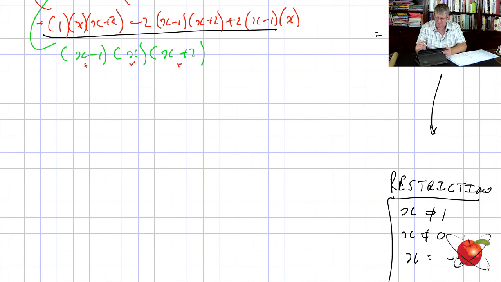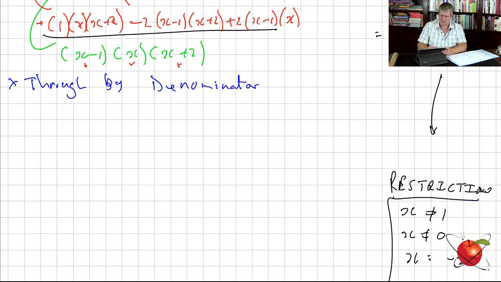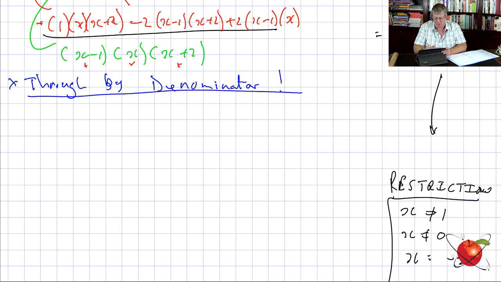Now, the step that we're going to do is this. Multiply through by the denominator. The denominator is x minus 1 times x plus 2. You don't multiply it out. In these, you never multiply those out. What happens now? If I multiply through by that number, it disappears because it's going to cancel out over there, correct?